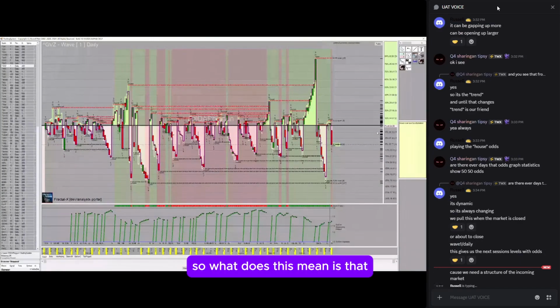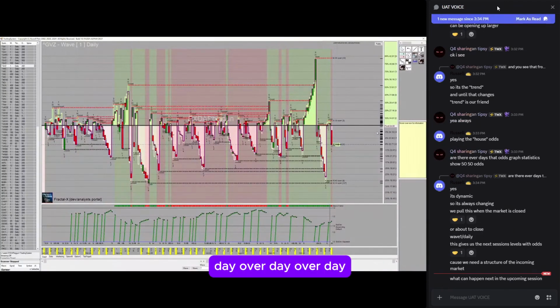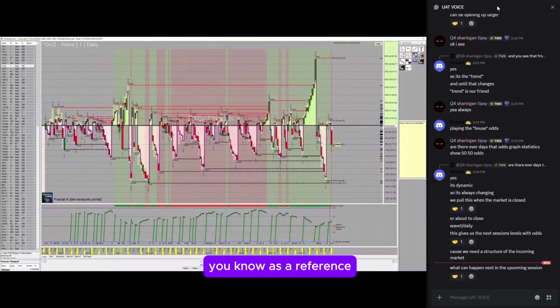So what does this mean? GLD options premium, day over day over day, is deflating. What this also means for gold futures is that likely the future realized volatility is also deflating. As a reference.